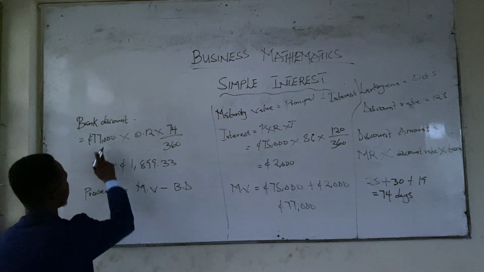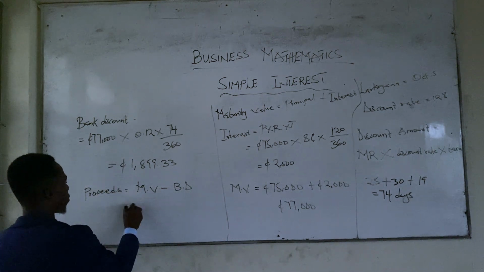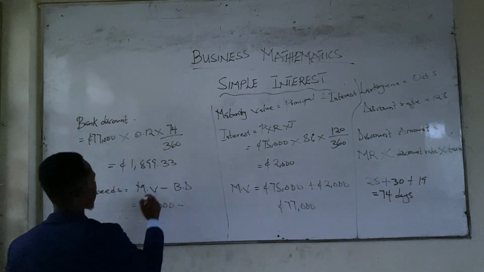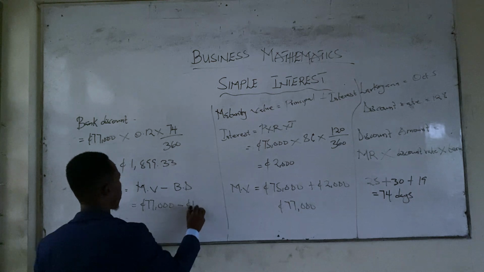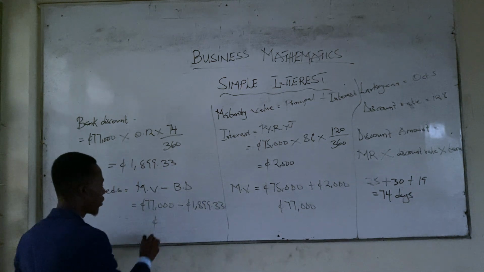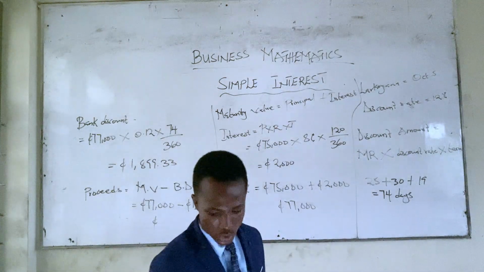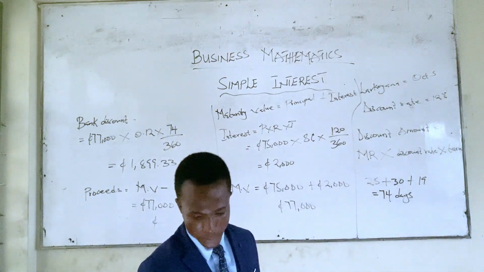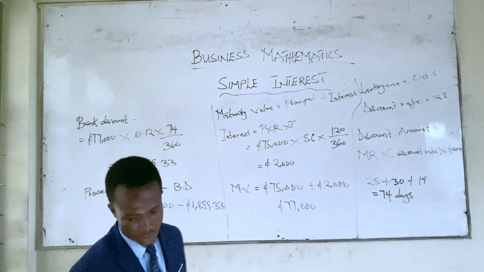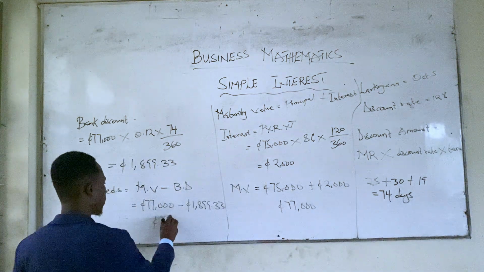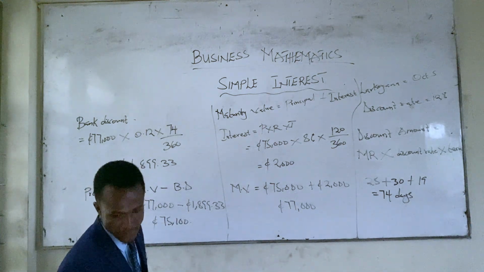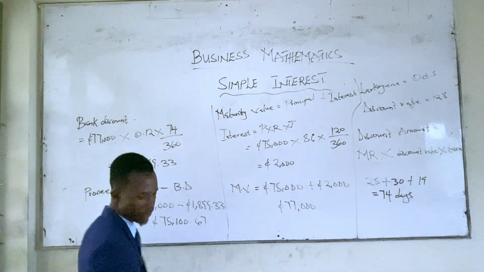So now we have the maturity value to be 77,000 minus the bank discount, which is 1,899.33. So when we subtract this, we are going to get proceeds of 75,100.67.